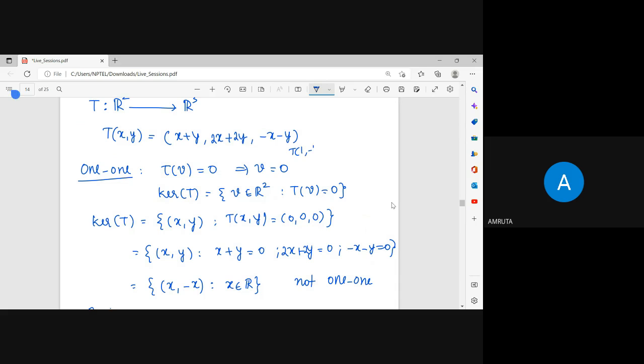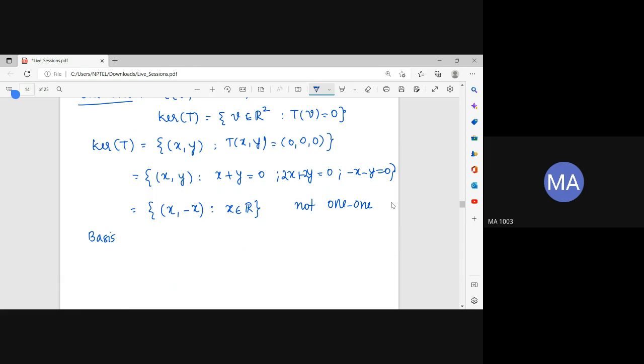T of (1, minus 1) is (0, 0, 0), right? T of (2, minus 2) is also (0, 0, 0). T of 0 is also (0, 0, 0). So we have two different vectors that go to the same vector. So it is not 1 to 1. The kernel is not 0.